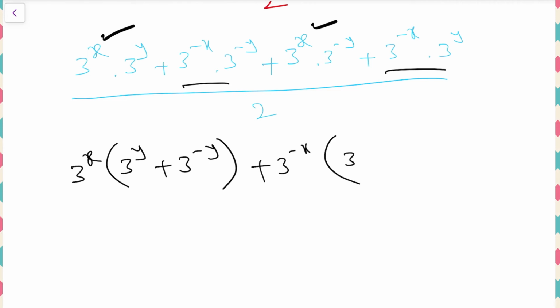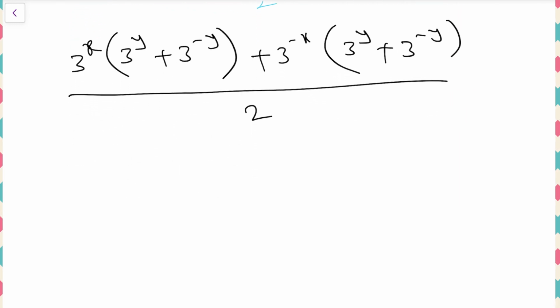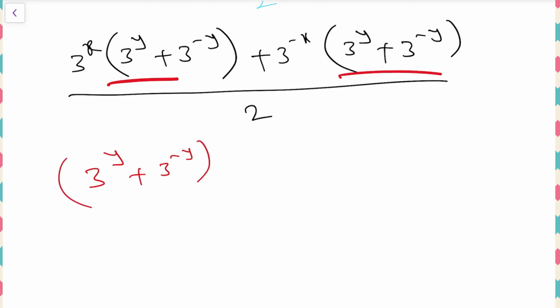So we remain with 3 power y plus 3 power minus y, whole divided by 2. In the brackets we have 3 power y plus 3 power minus y, so let us take it out common: 3 power y plus 3 power minus y into 3 power x plus 3 power minus x, whole divided by 2.